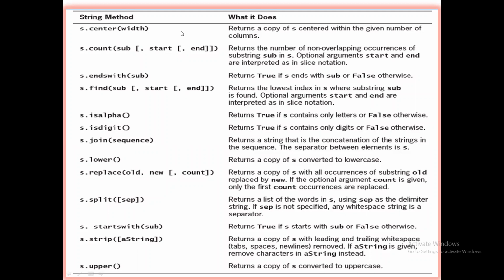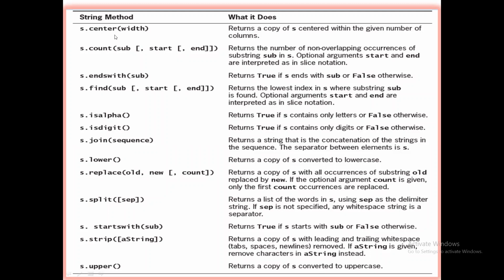The first one is s dot center of width. Assume that s is an object created in the Python program, and based on this object you are calling this method. So s is already created. Now you are calling this method on the string object: s dot center of width.